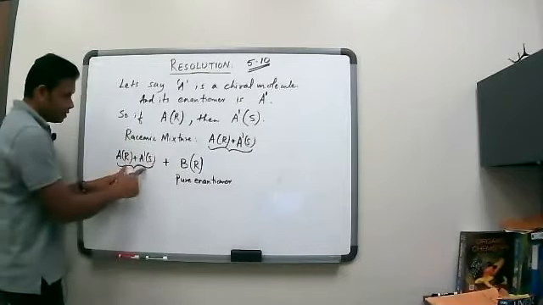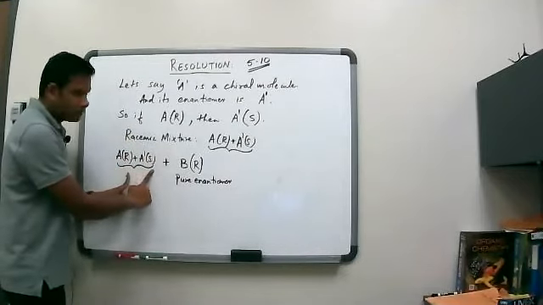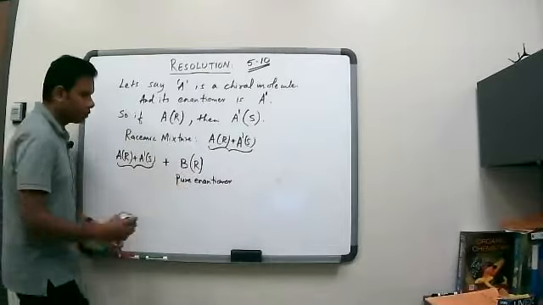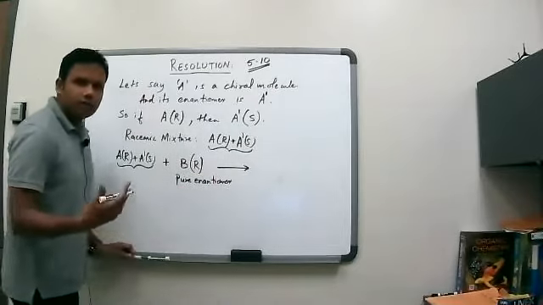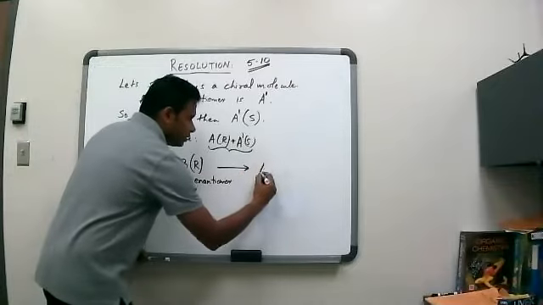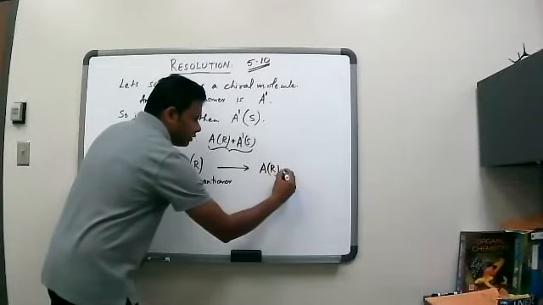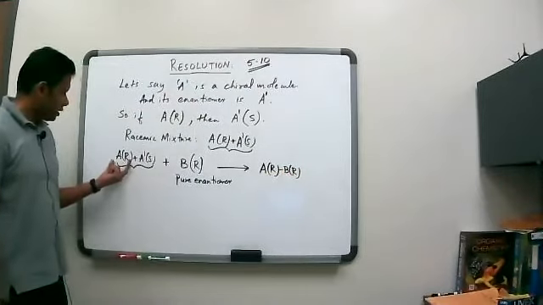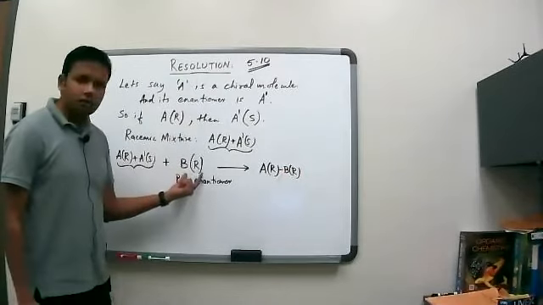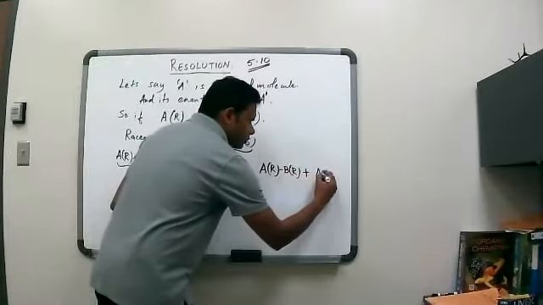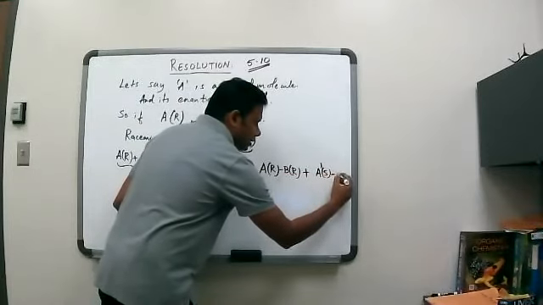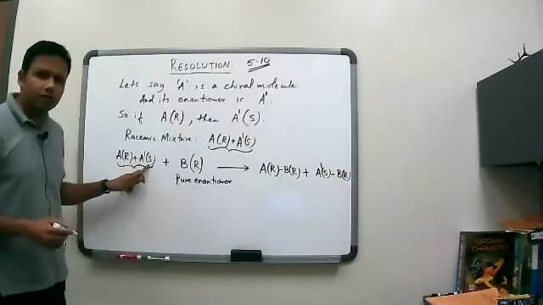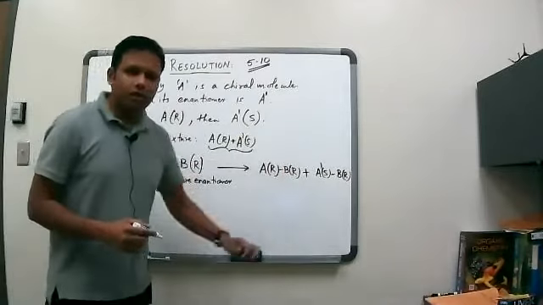So since these have identical chemical and physical properties, and we are reacting them with this other chiral compound, a pure enantiomer, this reaction should give us two compounds. It would give us AR reacted with BR, where the R enantiomer of A reacts with B, plus it's going to give us A prime S with BR, where the S enantiomer of A reacted with B. So we got those two.